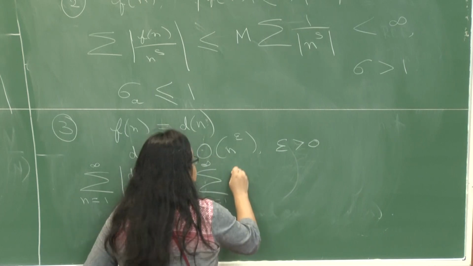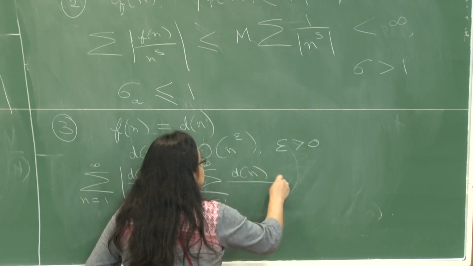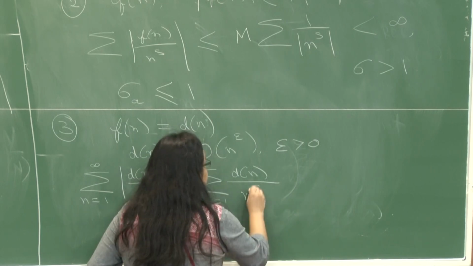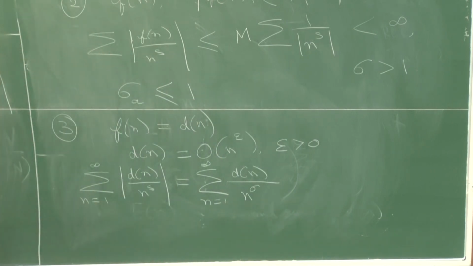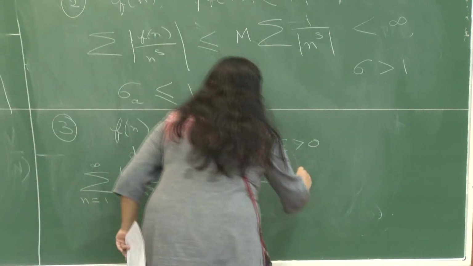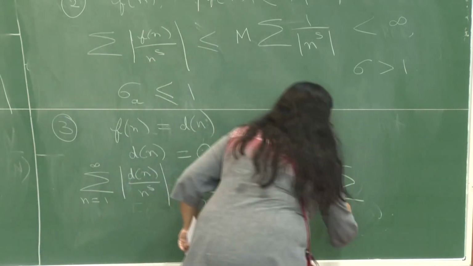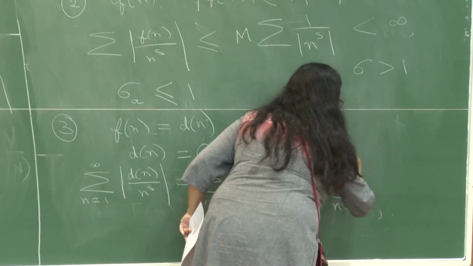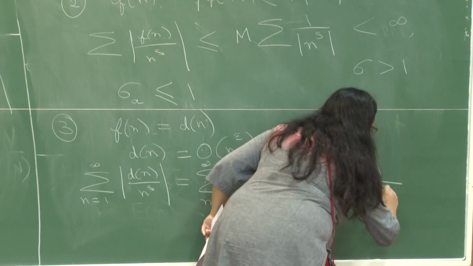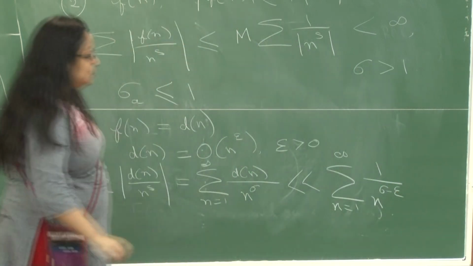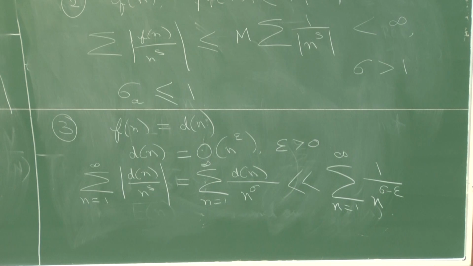Since this is a positive function, the numerator just remains d of n, the denominator becomes n raised to the sigma. You are saying that for any epsilon greater than 0, d of n is less than n to the epsilon, and therefore this is the summation n going from 1 to infinity of 1 over n raised to the sigma minus epsilon. It converges absolutely when sigma minus epsilon is greater than 1.